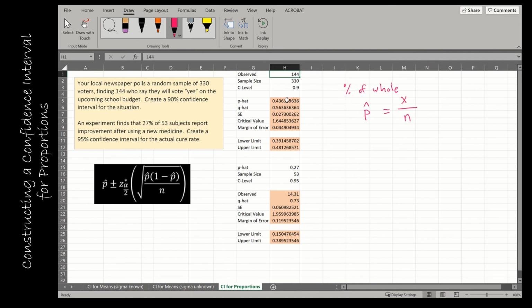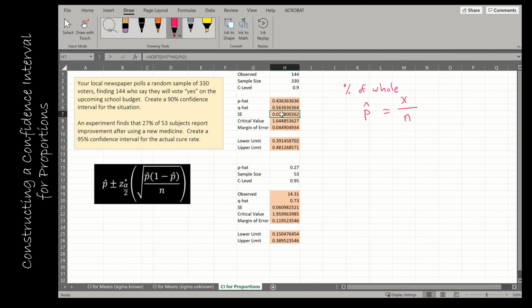So here, notice I'm just going to take H1, which is 144, divided by H2, which is 330. For q hat, I always call it q. Your book calls it 1 minus p, so I don't care if you call it q or 1 minus p, but it's really just 1 minus whatever I got here.